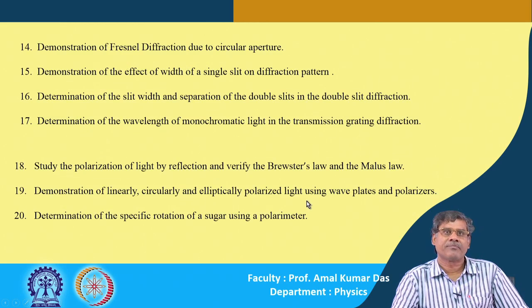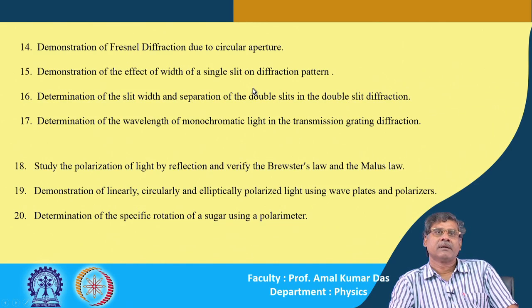Then here, experiments 14 to 17, these four experiments are based on diffraction of light. We will demonstrate these experiments. The 14th experiment here is basically the demonstration of Fresnel diffraction due to a circular aperture.